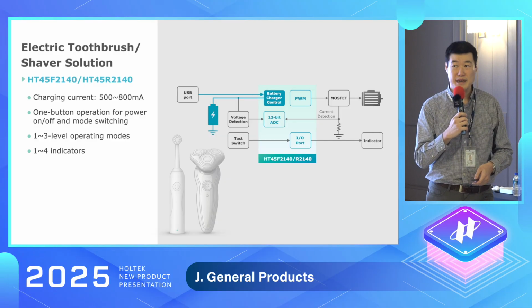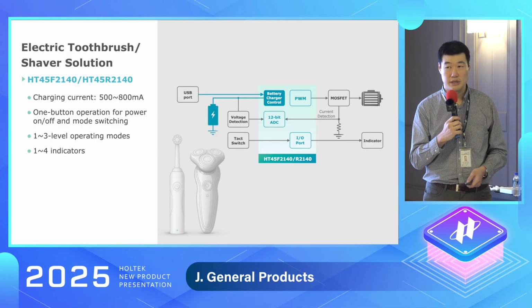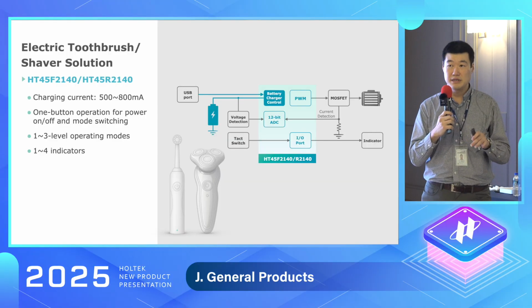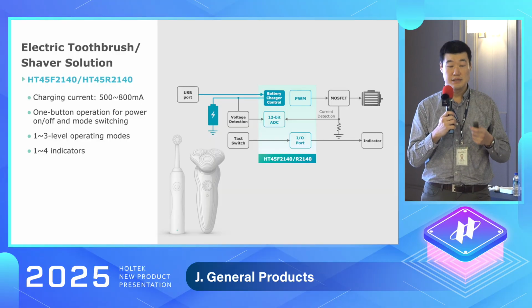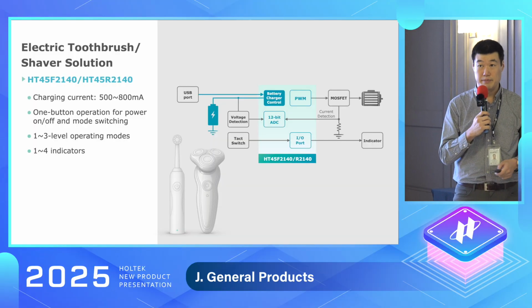And for the 12-bit ADC, you can use it as current detection and voltage detection. The typical charging capability for this kind of application is like 500 to 800 milliampere. So our spec is 1 ampere. So it's no problem to fit this kind of application.